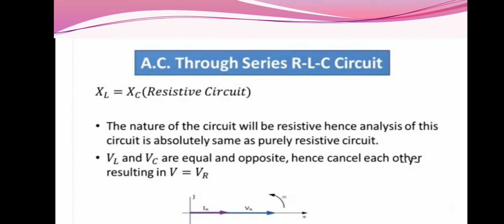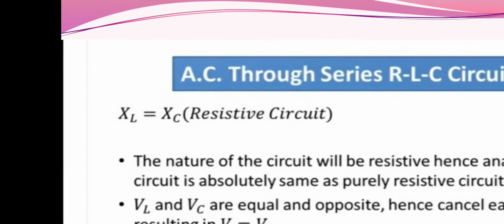So the circuit behaves like resistive. The nature of circuit will be resistive, hence analysis of this circuit absolutely same as pure resistive circuit. Means both voltage and current are in phase, angle between voltage and current is 0, power factor cos phi equal to cos 0 equal to 1. VL and VC are equal and opposite, hence cancel each other, resulting in V equal to VR.